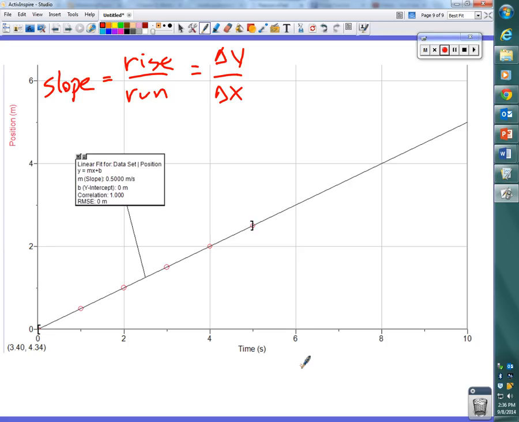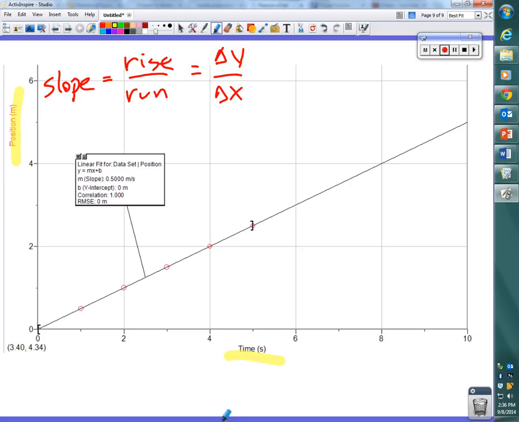Okay? But that applies to a regular x-y axis. Right? In math class, it can just be the y-axis and the x-axis, whatever. But here, we're actually measuring stuff. On our y-axis, we're measuring position. On our x-axis, we're measuring time.